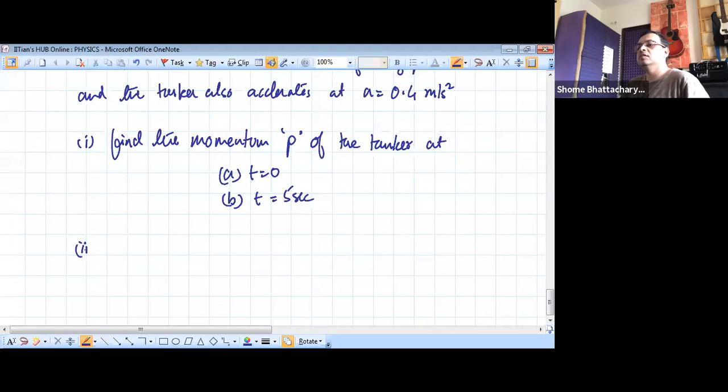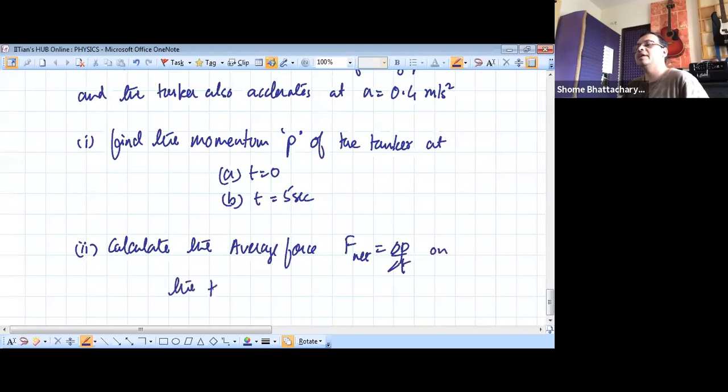Then second, calculate the average force, F equal to delta P by delta T, on the tanker from t equal to 0 to t equal to 5 seconds. Calculate this.